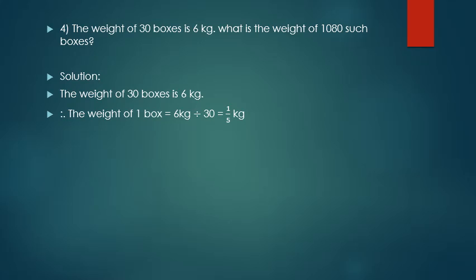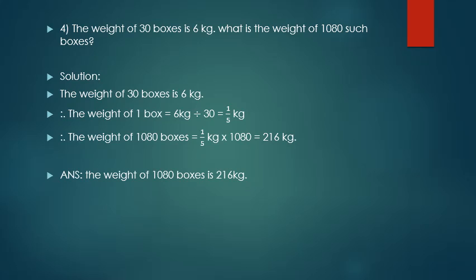So the answer is 1 upon 5 kg. Therefore, the weight of 1080 boxes equals 1 upon 5 kg multiplied by 1080. What is the answer? Yes, 216 kg. So the answer is, the weight of 1080 boxes is 216 kg.